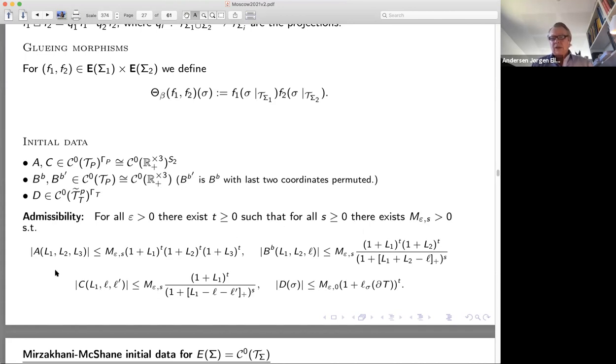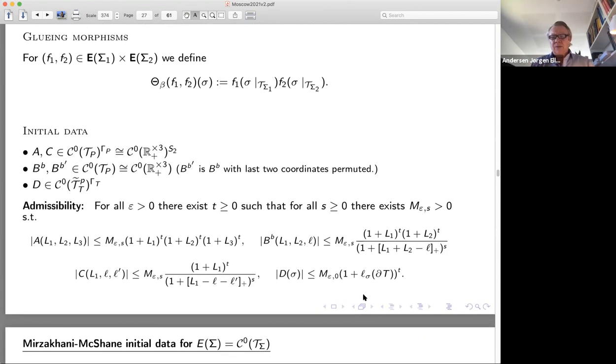So A grows like powers of L, specified by this T. Similarly for the exterior boundaries of B, divided by this little thing which has to do with small pair of pants, and likewise for this, and there is this one here also. So essentially some polynomial growth in the length variables.